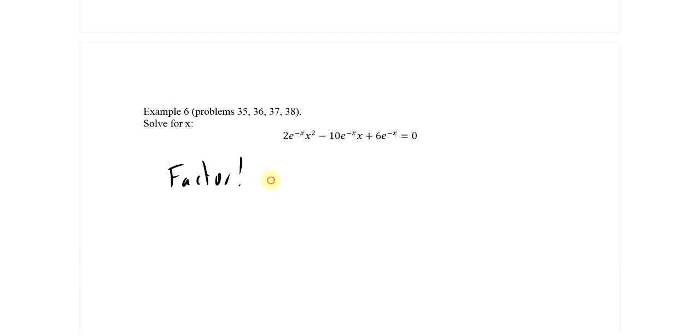But I can factor out a 2e to the minus x. And what's left behind? If I take 2e to the minus x out of here, I've got an x squared. If I take a 2e to the minus x out of here, the e to the minus x comes out. 10 divided by 2, that's a minus 5x. And if I take a 2e to the minus x out of this last term, the e to the minus x comes out. Taking 2 out of 6 leaves me with a 3.